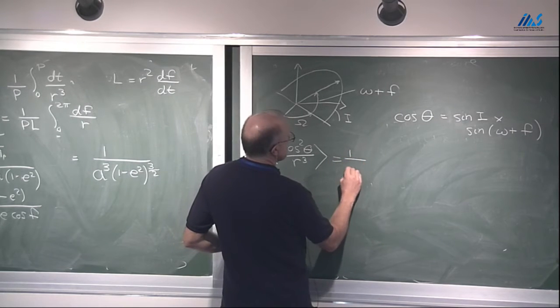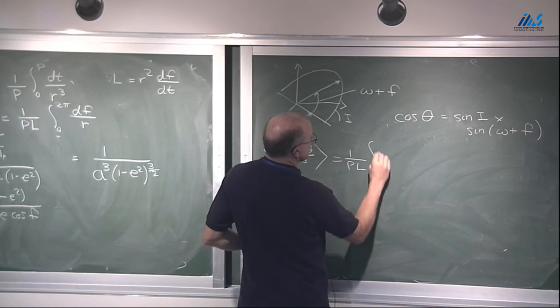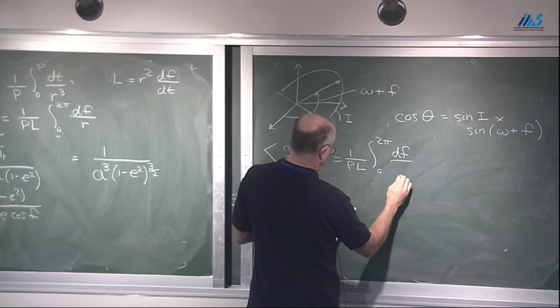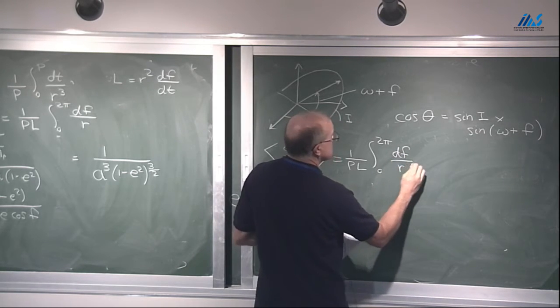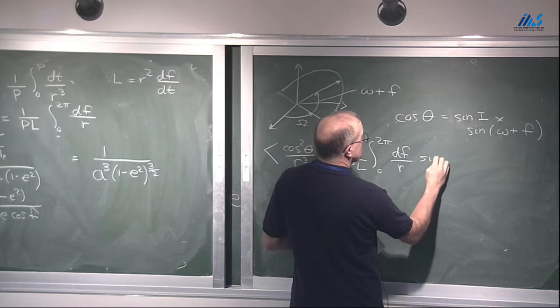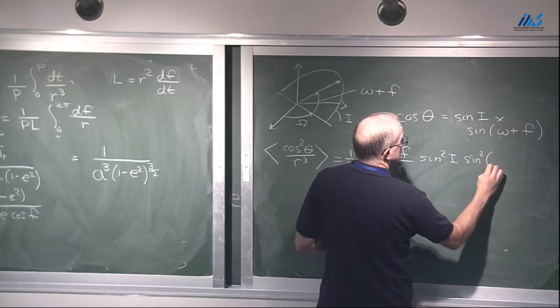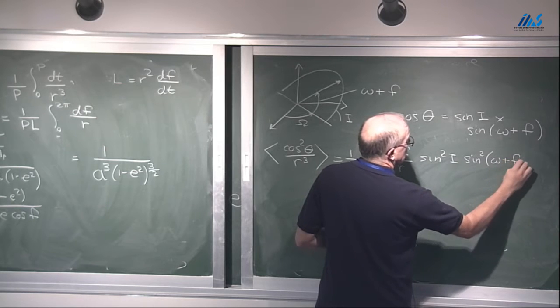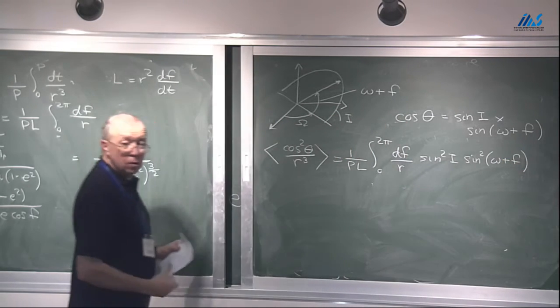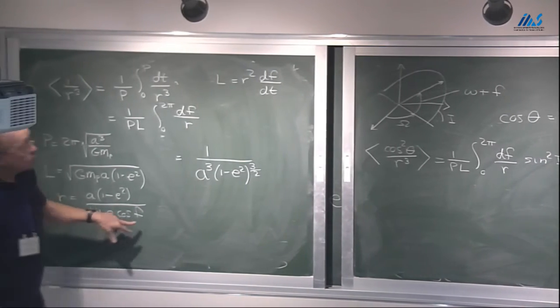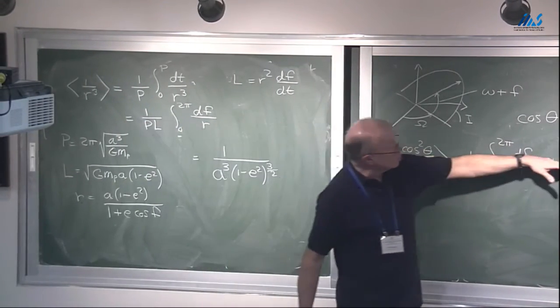So it's 1 over P L integral 0 to 2 pi df over r times sine squared of the inclination sine squared of omega plus f. Once again, you can take the radius and put it in. It'll give you a 1 plus e cos f in the numerator.